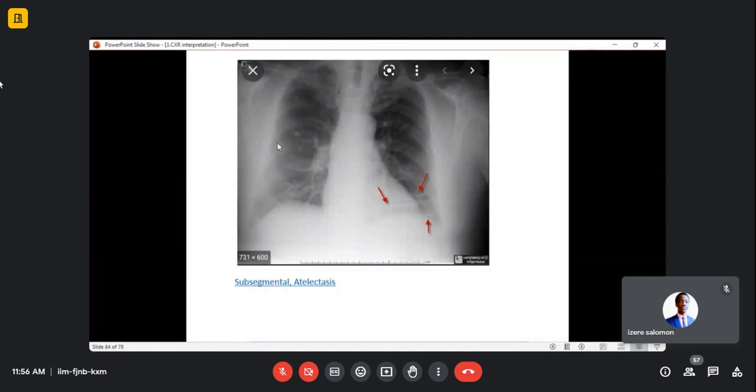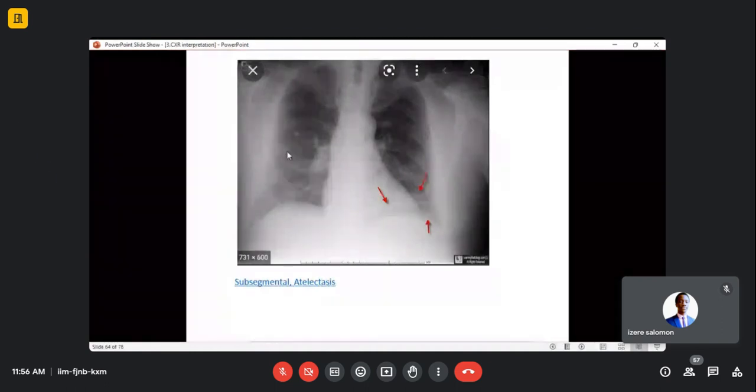And deep inspiration, I don't see deep inspiration. Something's lacking. There is not much rotation. The trachea is central. The heart size is normal, considering even the lack of deep inspiration.